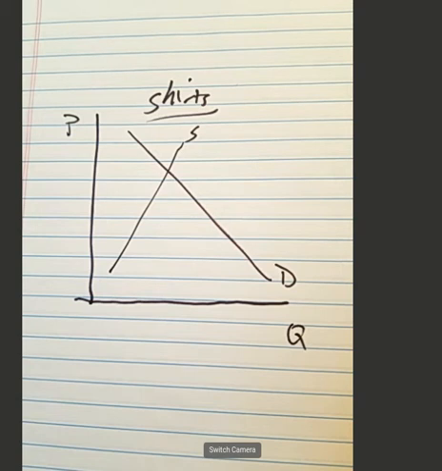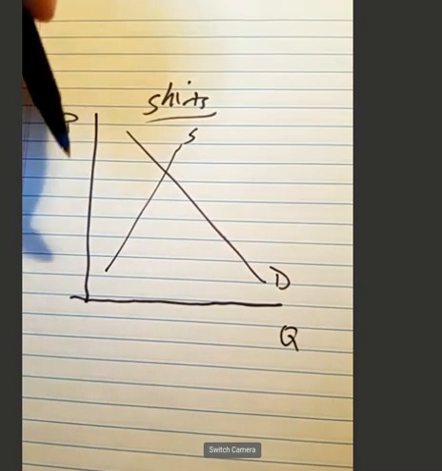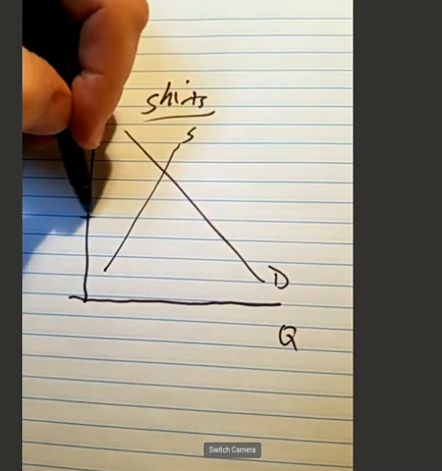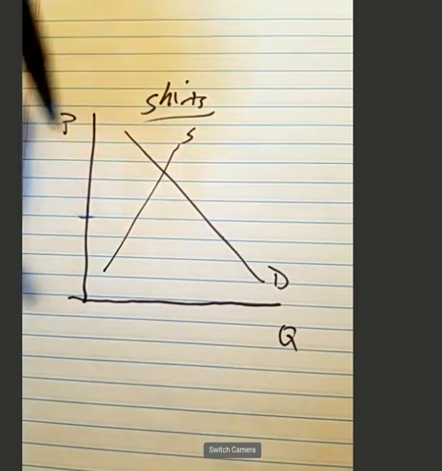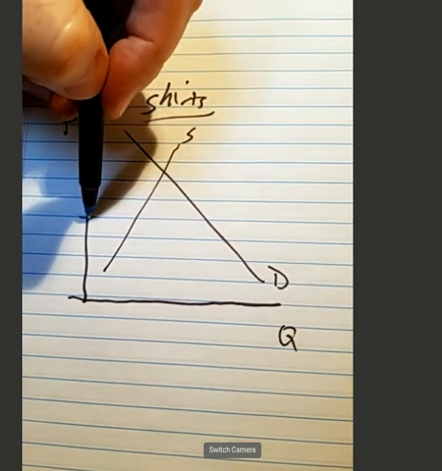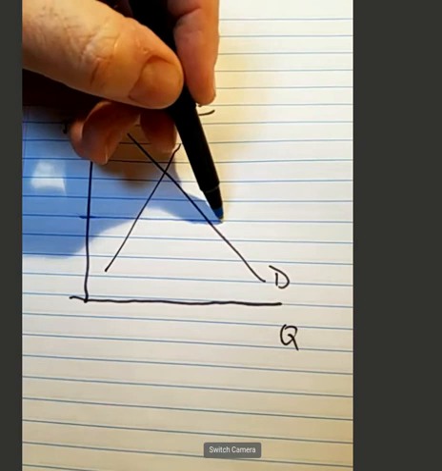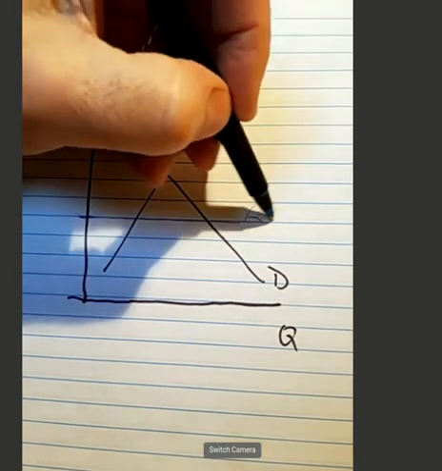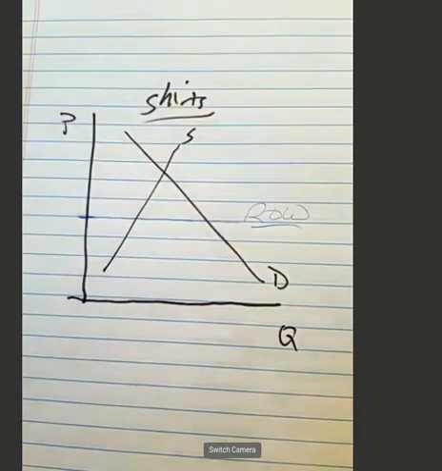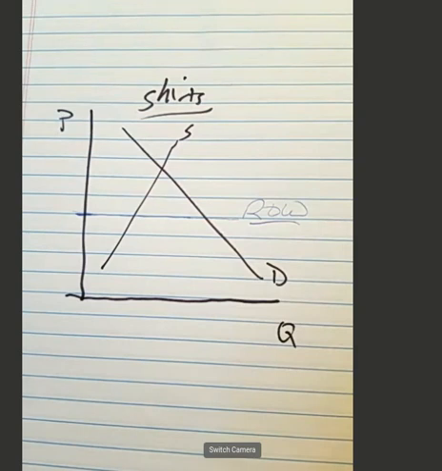Let's add that to our model. Let's do it live. Rest of world, ROW, providing the shirts.